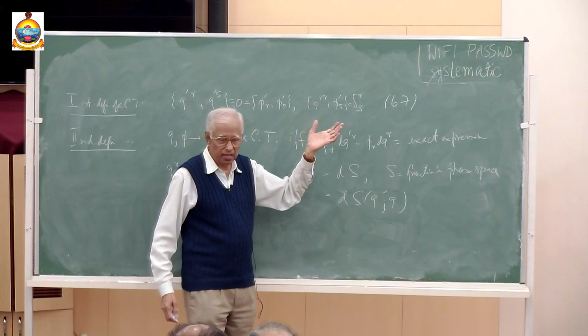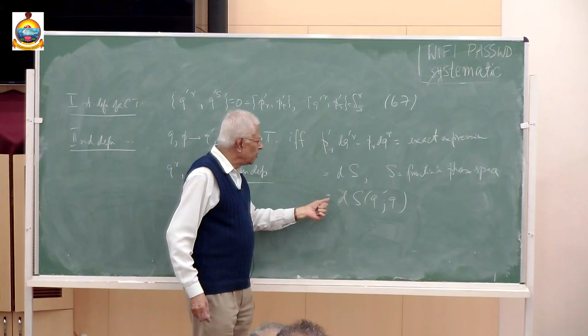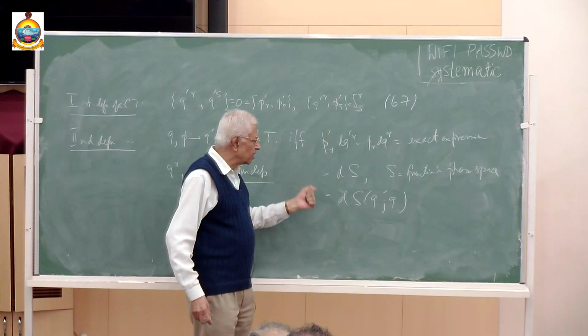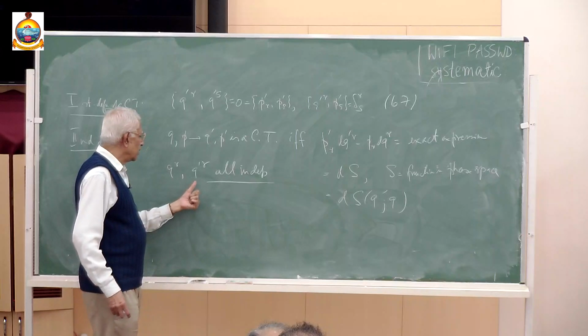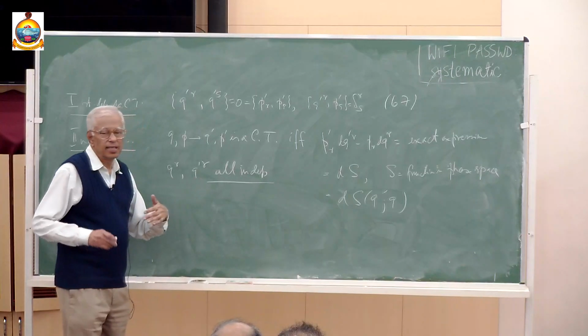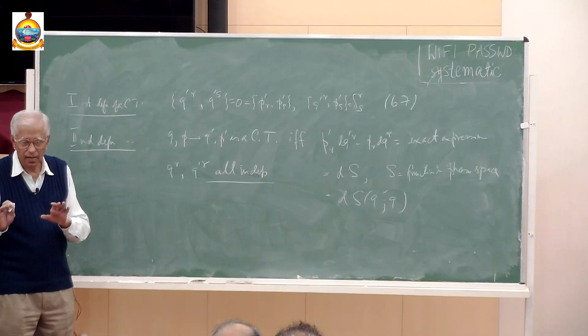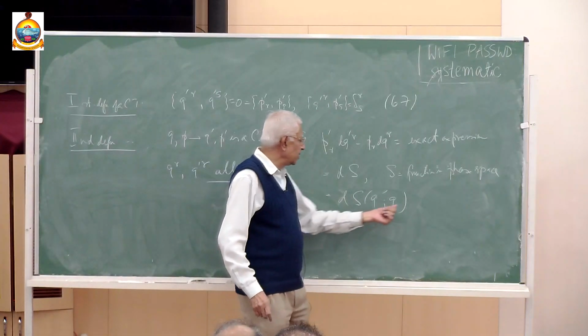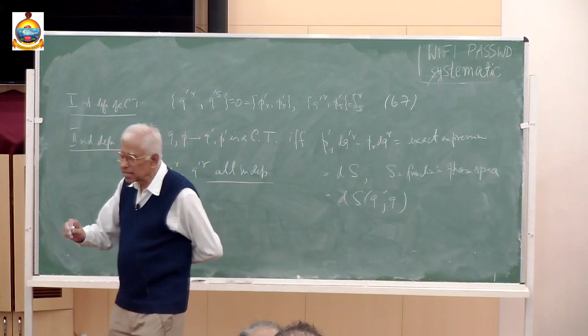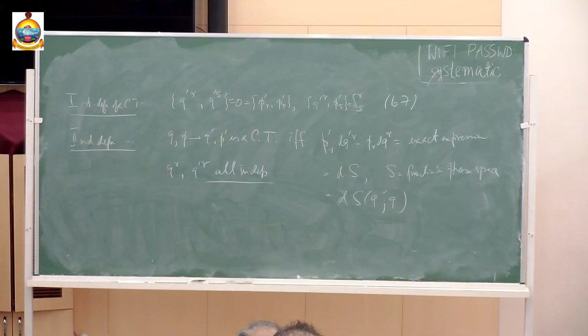Just go back to the first definition. If in a particular case you have this kind of non-canonical description of phase space possible, then I can imagine writing this function S in terms of those variables, not q and p or q prime and p prime, but q prime and q.